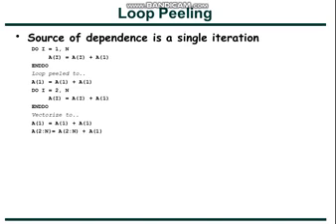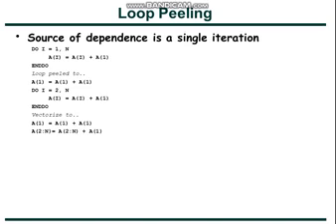So suppose the source of all dependence is, say, iteration number 50. Then we will first execute the first 49 iterations, 1 to 49.